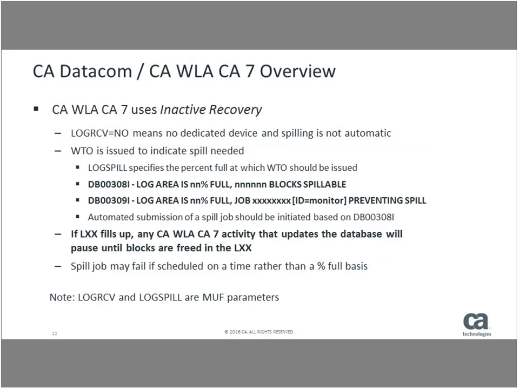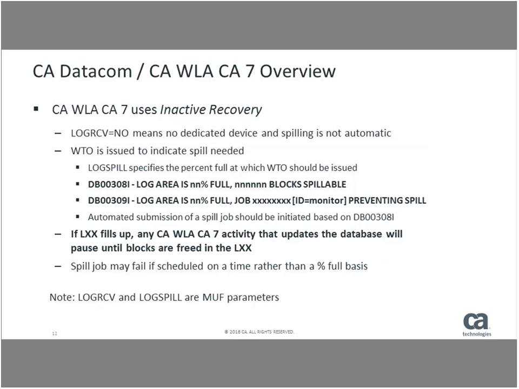Okay. Another thing that's going to be different for you in R12 for CA7 is the recovery. That is one of the reasons why CA7 did go to Datacom, because of a couple of things, the backup and the recovery.